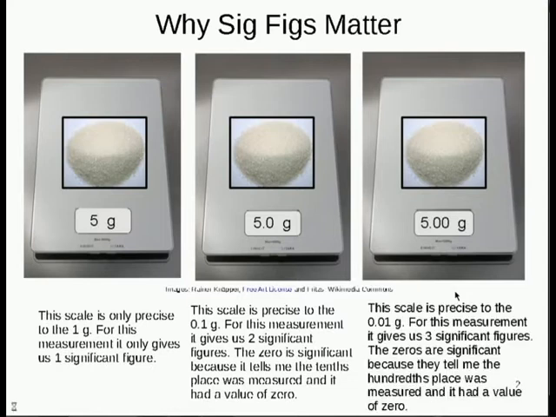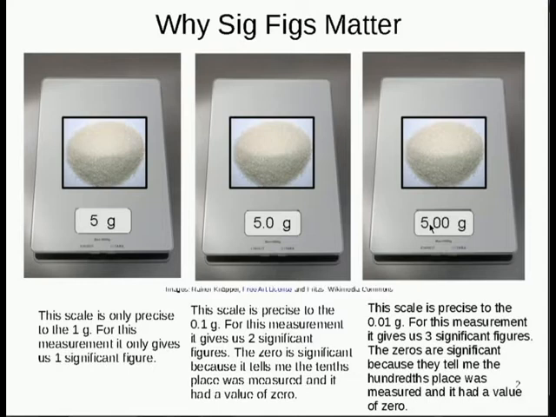For this measurement, it gives us 3 significant figures. These zeros are significant because they tell me that the 100th place was actually measured, as was the 10th place, and it just happened to have a value of 0. It's exactly 5.00 grams.